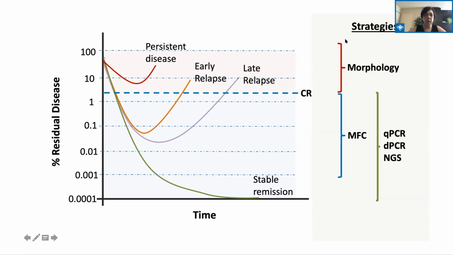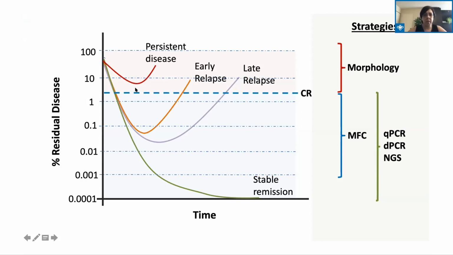But if you do this by morphology, morphologic assessment is very difficult if it is less than 1 or 2% disease. So patients that remain with persistent morphologic disease usually are going to relapse even very fast, even if you do not see morphologic disease or unequivocal morphologic disease.